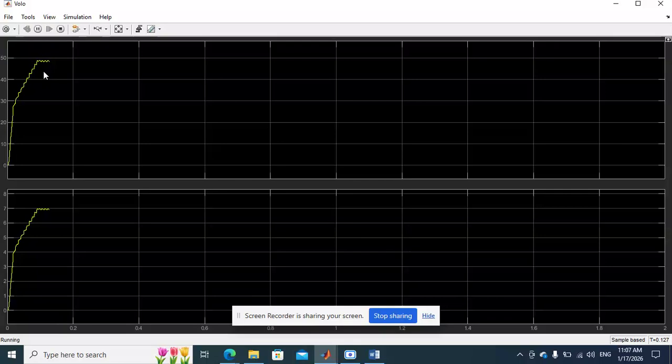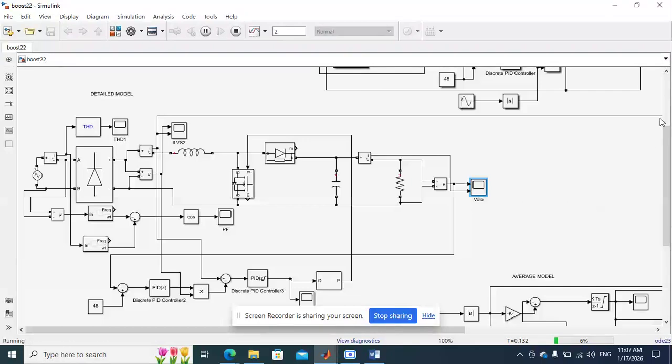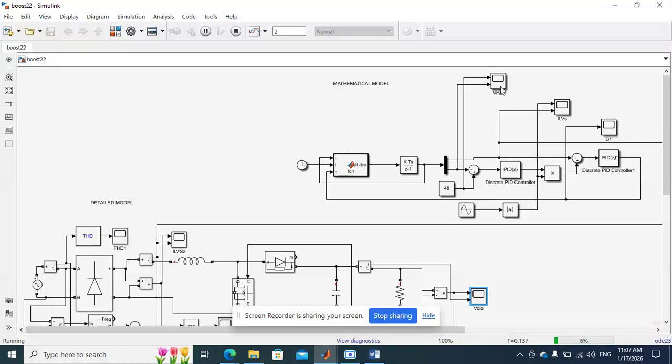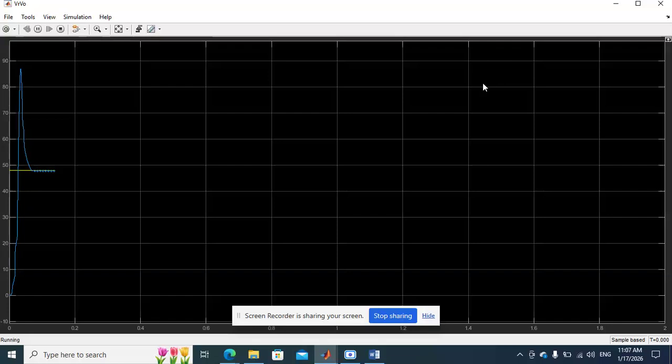Okay, here it is settling at nearly 48 volt. And then in the mathematical model, the output voltage and the reference voltage are provided here. Reference voltage is 48 and the output voltage is also settled at 48 with the peak overshoot.